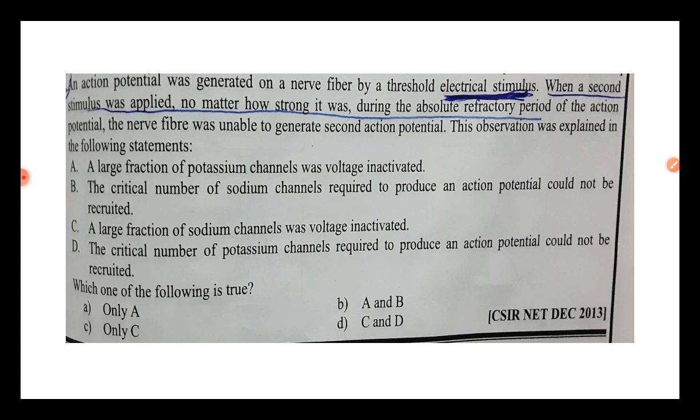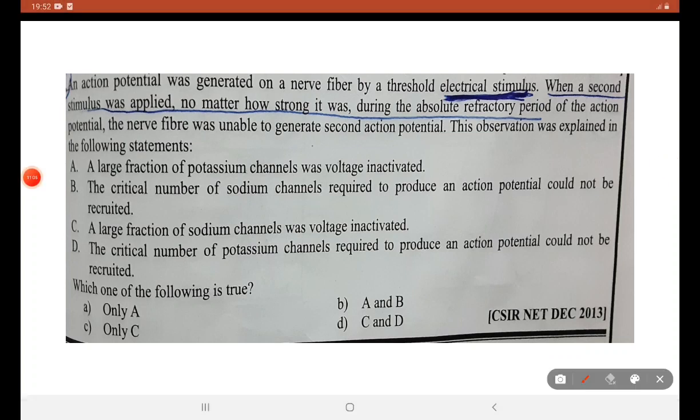Now coming back to this question. An action potential was generated on the nerve fiber by a threshold electrical stimulus. When a second stimulus was applied, no matter how strong it was, during the absolute refractory period of an action potential, the nerve fiber was unable to generate a second action potential.